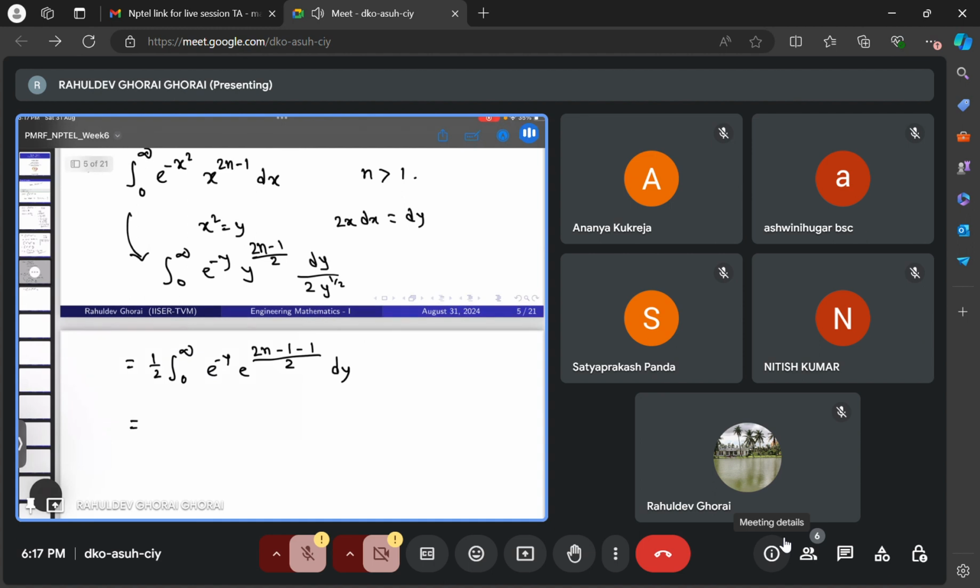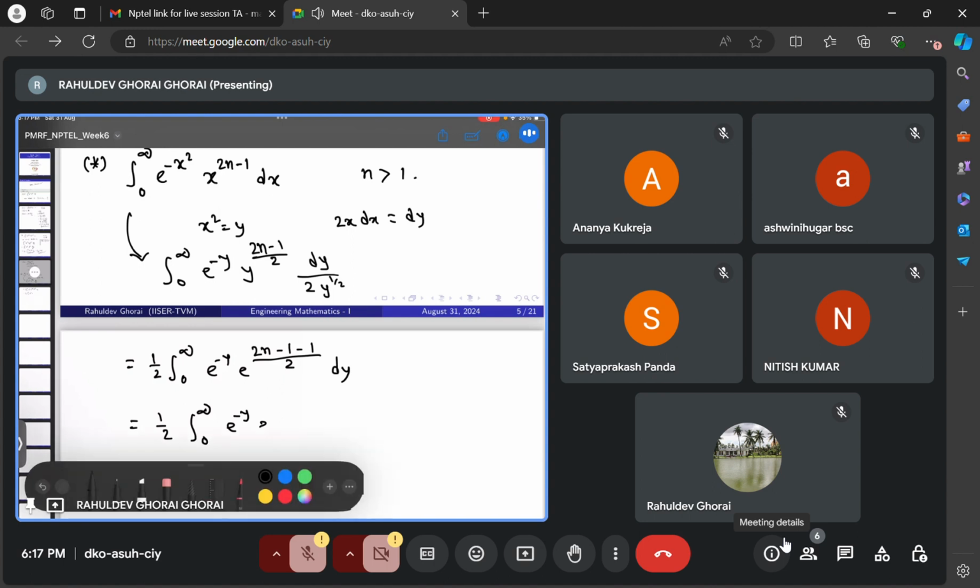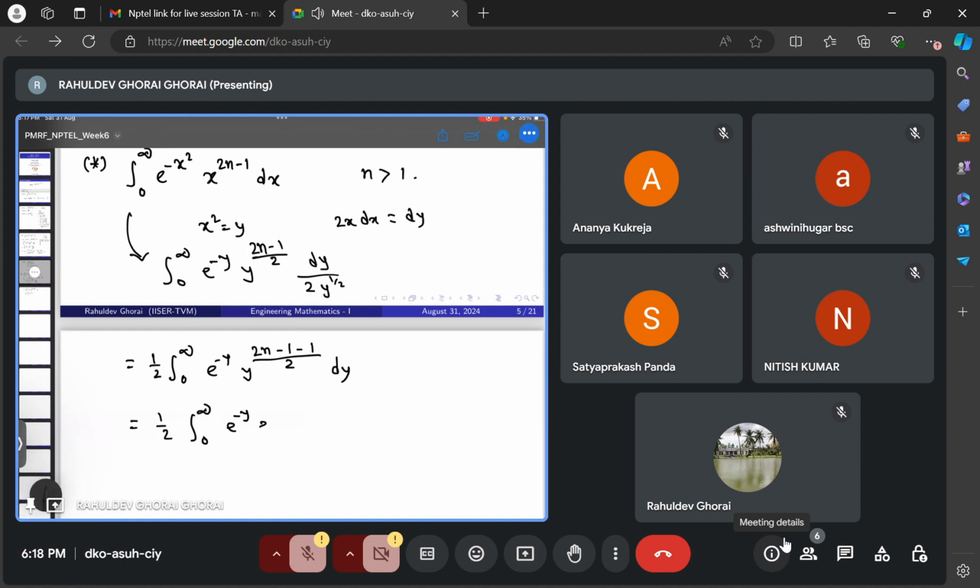Then what happens? Half times integral 0 to infinity of e to the power minus y, 2n minus 2 over 2, so it is y to the power n minus 1 dy, that gives half of gamma n.